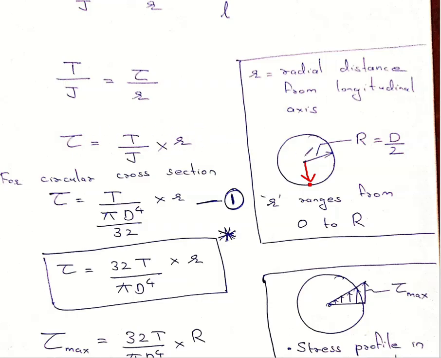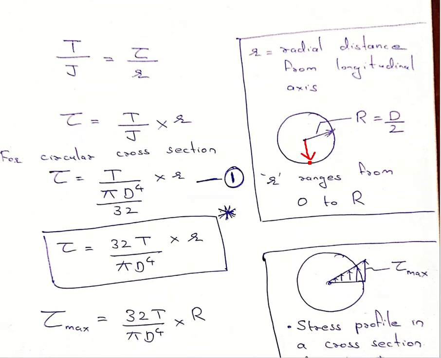That is, at the center, the shear stress due to torsion is 0, and it will be maximum at capital R, that is the radius, the circumference. So I can sum up that the shear stress will be 0 at the center and maximum at the periphery. It will go on increasing from 0 to the maximum value at capital R, the radius.